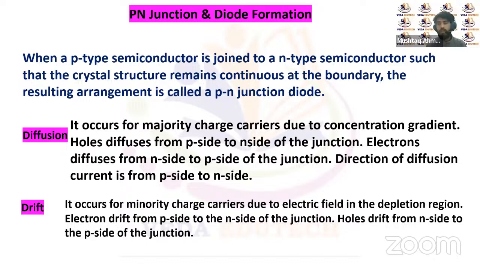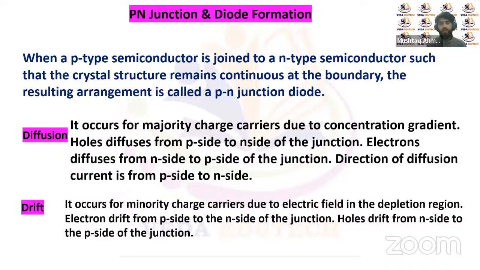Because the conductivity of an intrinsic semiconductor is very less at room temperature as compared to the conductivity of extrinsic semiconductors, right? So now we have different types of semiconductors, P-type semiconductor and N-type semiconductor.